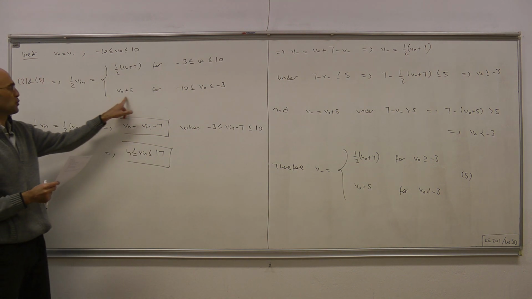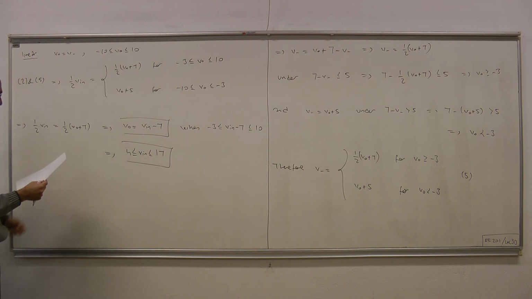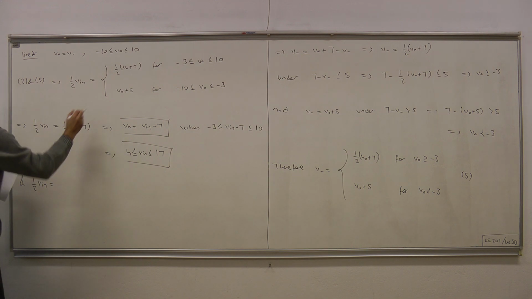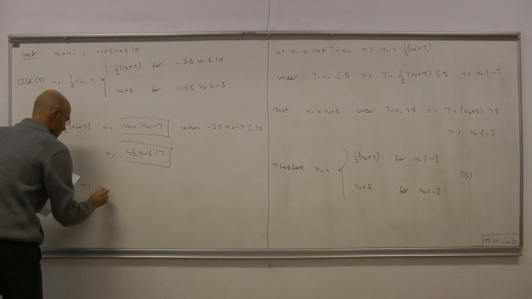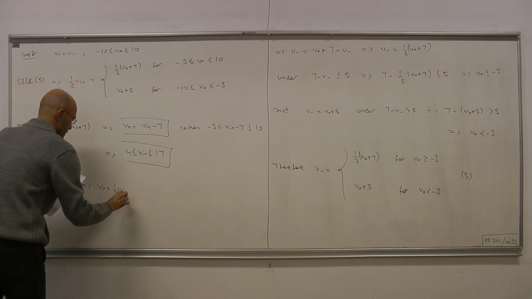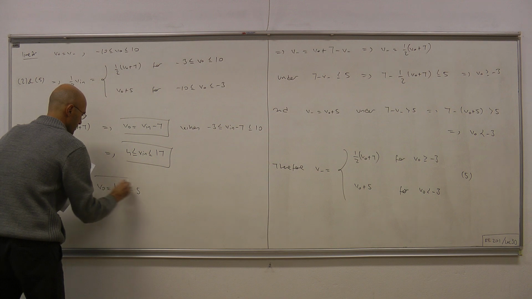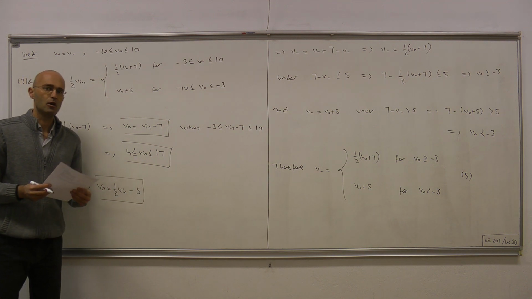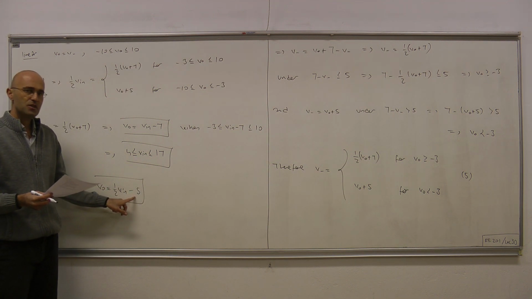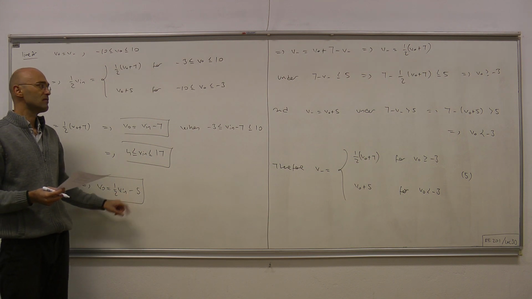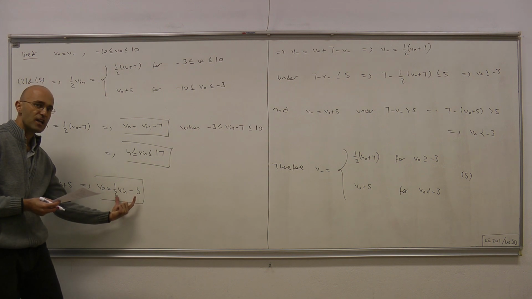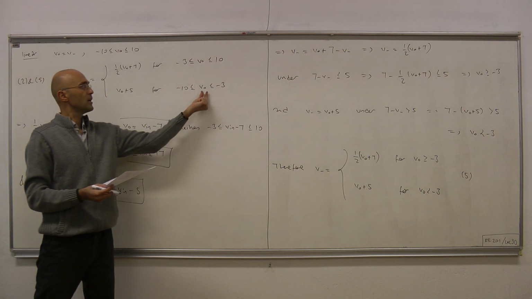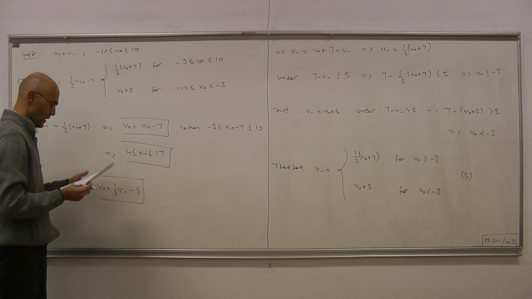Okay, and now let's also deal with the second line. 1/2 V in equals V out plus 5, from which we have V out equals 1/2 V in minus 5. Okay, so that's the input-output relationship. And under which condition on V in does this hold? All you have to do is take this expression for V out and put it here into the constraint.